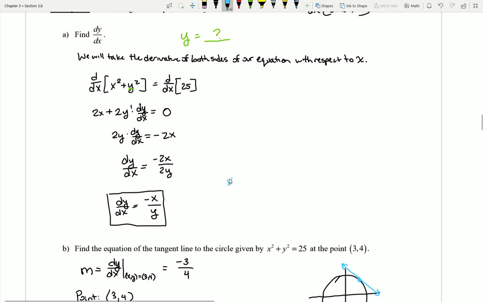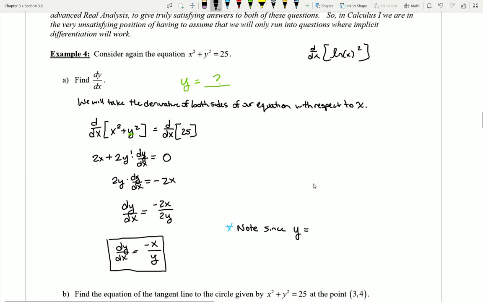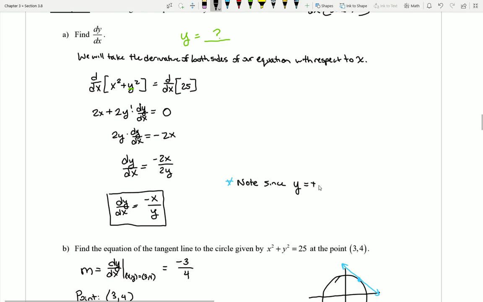So really quickly here, I'm just going to put in an important note. Note that since we were told at the beginning, or we could show, that y was going to be equal to the positive square root of 25 minus x squared, since we're working with the top half of the circle, then it would be totally appropriate to say that dy dx, which is negative x over y, on this portion of the circle, I could replace y with the square root of 25 minus x squared.